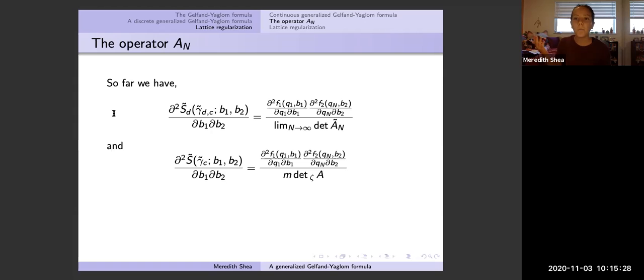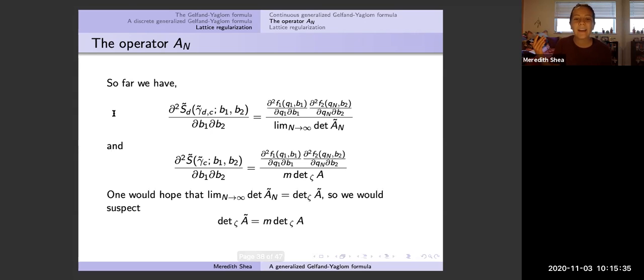We also had this hope when we went into the discrete land that the limit of the determinant of the discrete operator should equal the zeta regularization of the regular operator. So we wanted the determinants of A tilde to match up when we looked at the continuum limit.